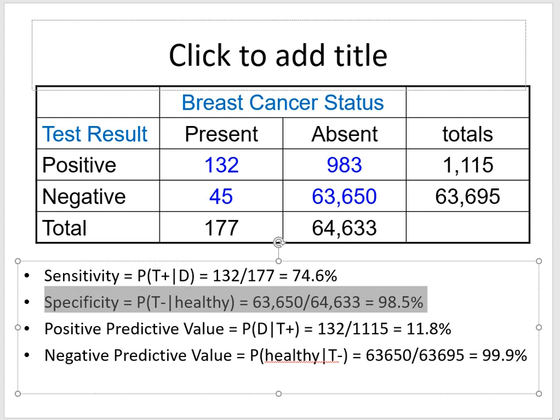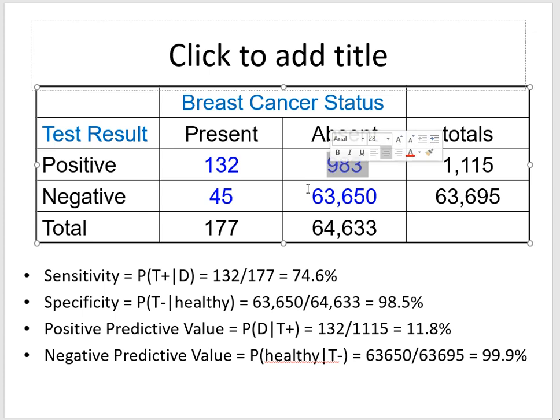That is the specificity of the test. So this test has a very high specificity. If a woman is healthy, there's a 98.5% chance she's going to test negative, and only a 1.5% chance that she's going to test positive. But that 1.5% chance is big enough to cause a really big number of false positive.